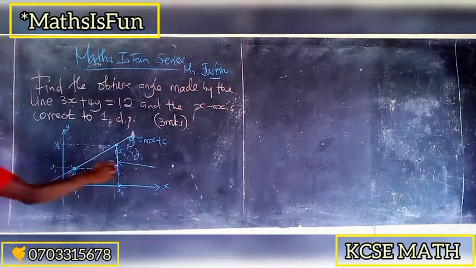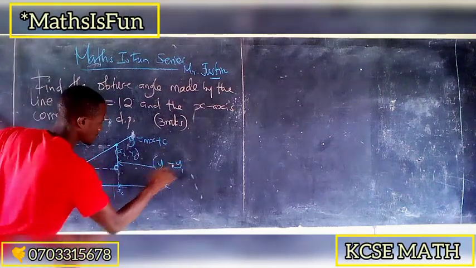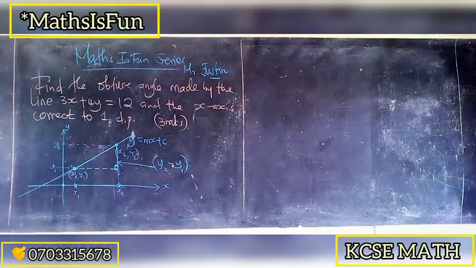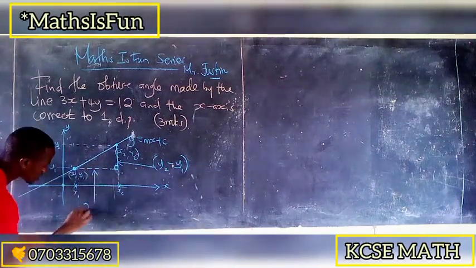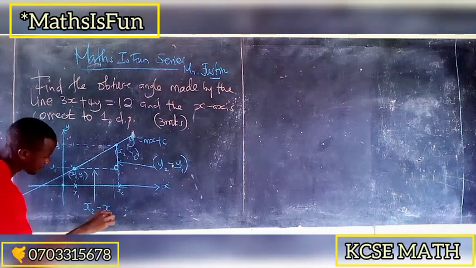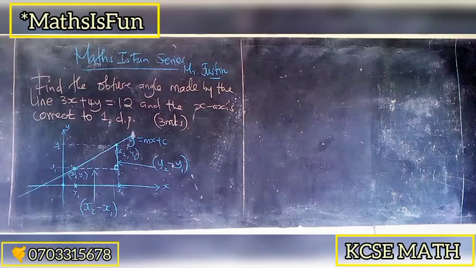So the displacement here is going to be the second y. We subtract the first one. The same thing here. This distance will be the second x minus the first x.